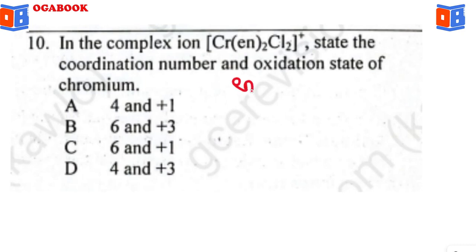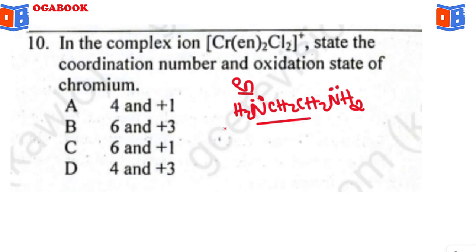So en is actually ethylenediamine, and the open structure is this, where you have 2 nitrogen atoms with lone pairs of electrons. So ethylenediamine can form 2 bonds with a central metal atom because it has 2 nitrogen atoms with lone pairs.